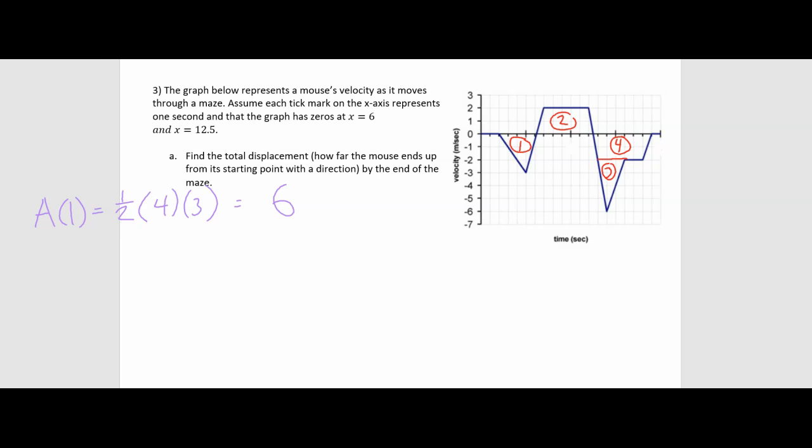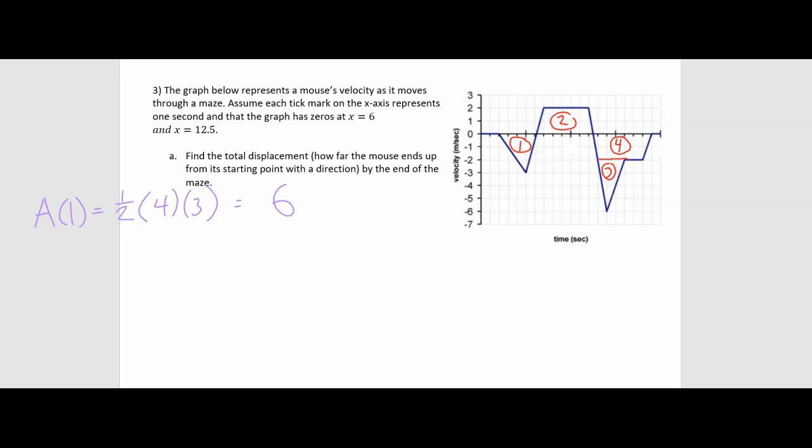Now, we have to think about this, right? This 6 represents an area that's below the x-axis. So if the velocity graph is below the x-axis, what does that mean about the direction that the mouse is traveling? Well, it means the mouse is traveling in the negative direction, right? So if we just think about left and right, the mouse is traveling to the left.